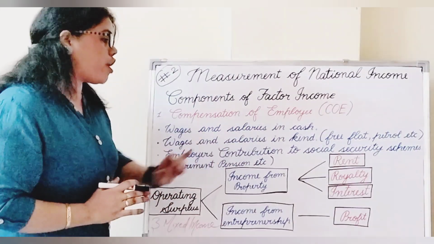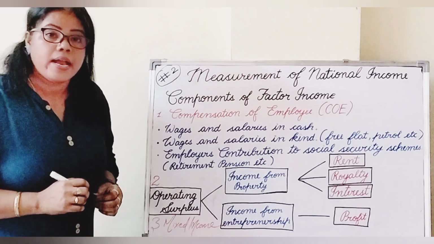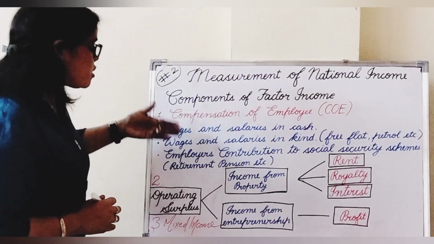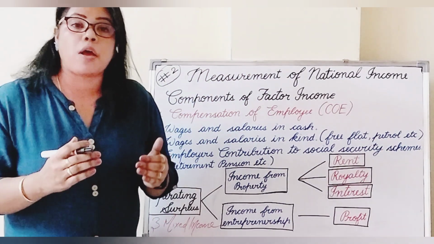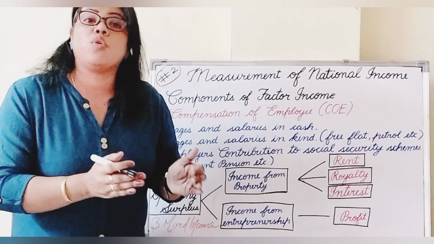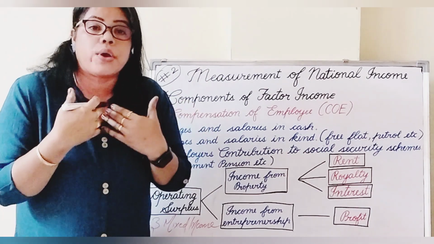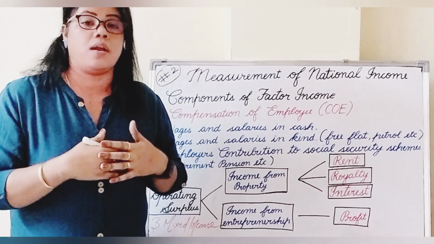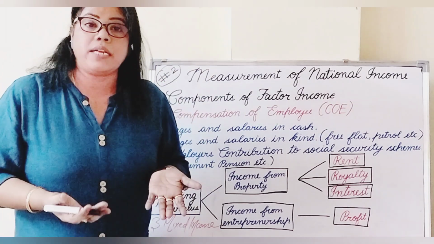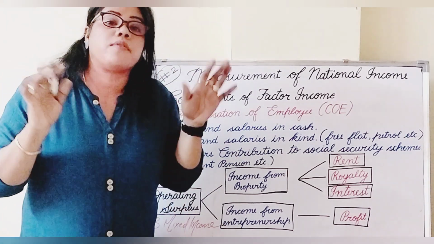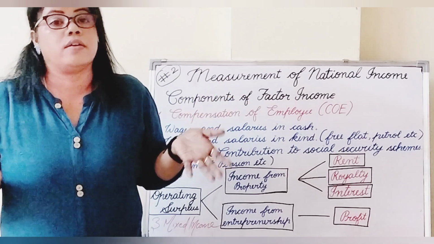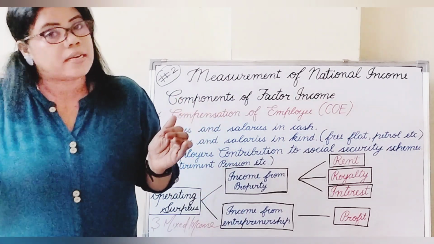Then employees' contribution to social security scheme. What is employees' contribution? Suppose I am working in a government organization, after my retirement, when I am 58 years old, I will be getting retirement.